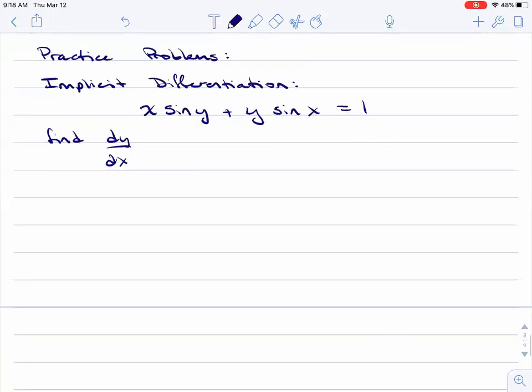And so if we have to find d/dx, actually, usually we drop the y on the outside because now I'm saying, okay, I want to find the derivative of all of this stuff with respect to x. So I'm going to ditch that y for a bit and put d/dx of x sine y plus y sine x equals 1, all in brackets.